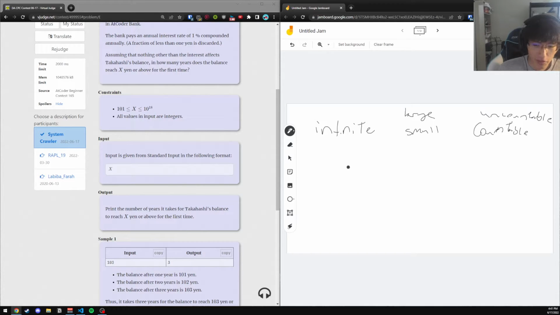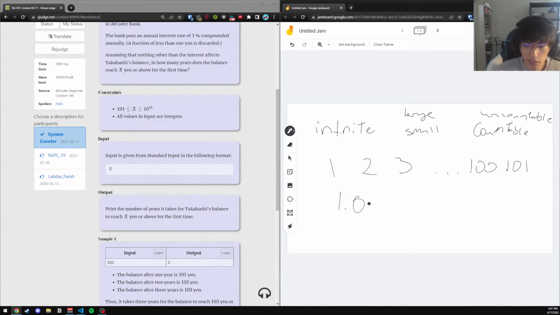Like you have natural numbers, for example, 1, 2, 3, and then 100, 101. If you have some number, there's always a next largest number for natural numbers or integers, and there's the next smallest number, something like that. So that's countable.